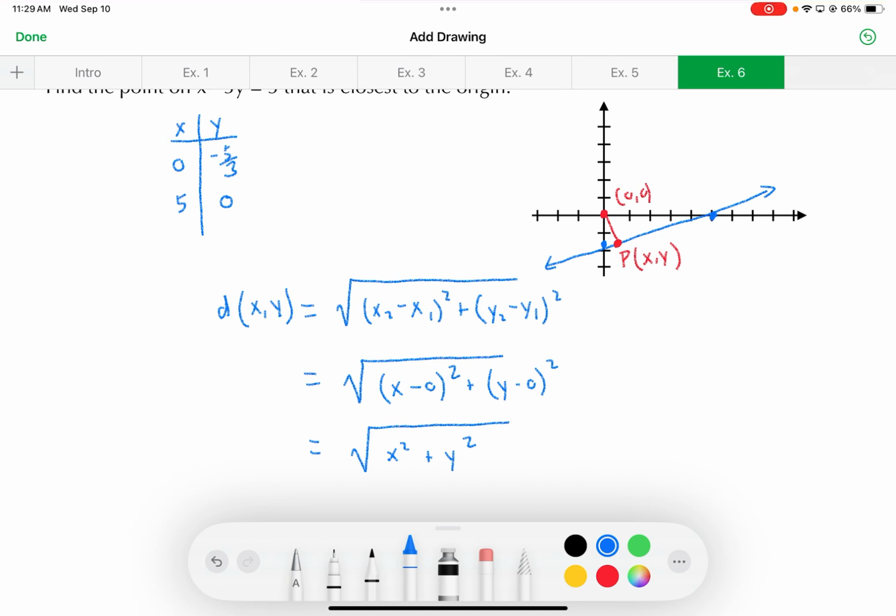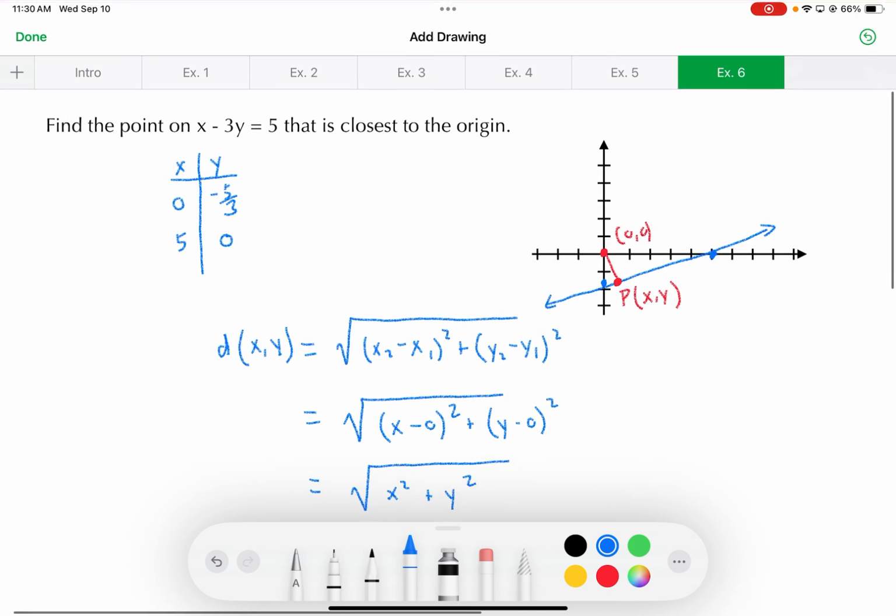Okay, so currently that is a function in terms of both x and y. What I'm going to do is try to get it in terms of a single variable, either x or y. So go back and look at the original linear equation, x minus 3y equals 5.